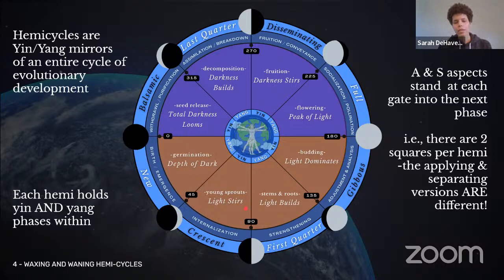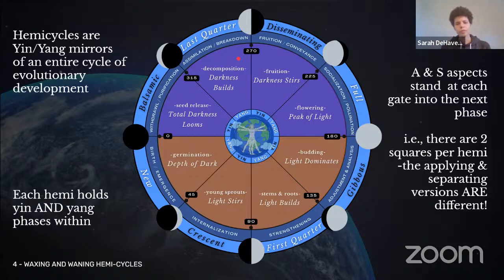There's a square that is applying during the crescent phase. This is going to take on very different dynamics from the square in the first quarter phase, which is actually separating from that 90-degree point. And the same goes for the opposite end of the wheel in the waning phase, with the disseminating square, which applies towards the last quarter phase. Once it hits 270 degrees, it's actually separating when it's in the last quarter phase.